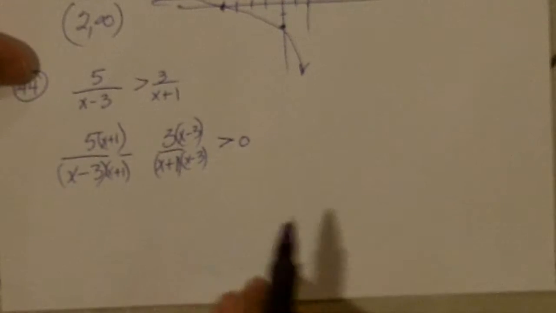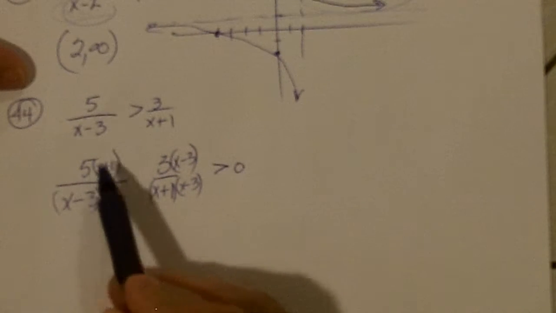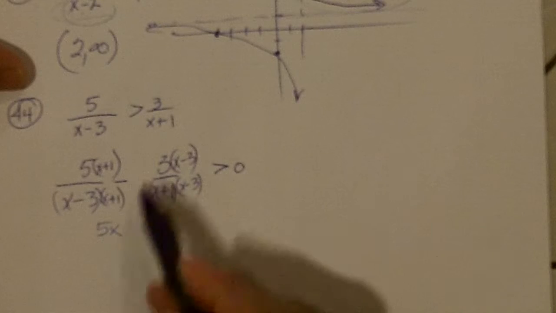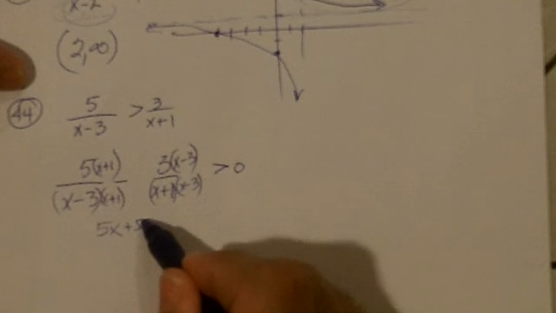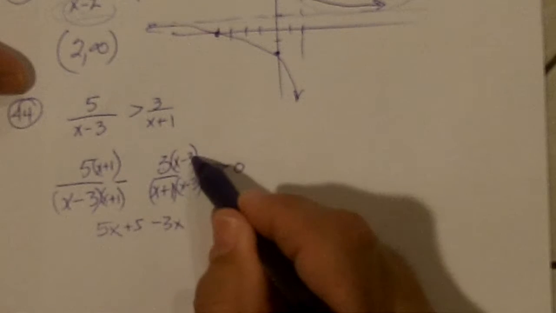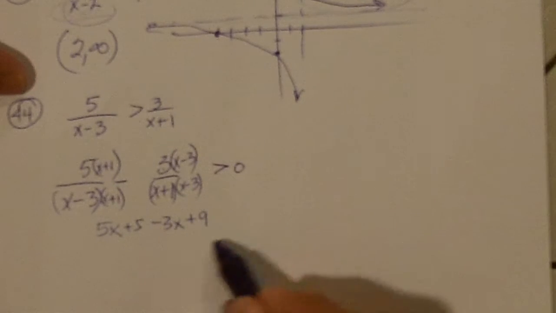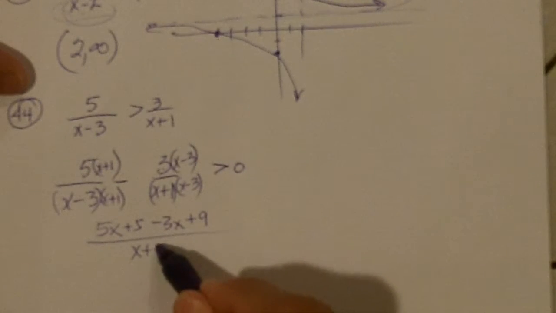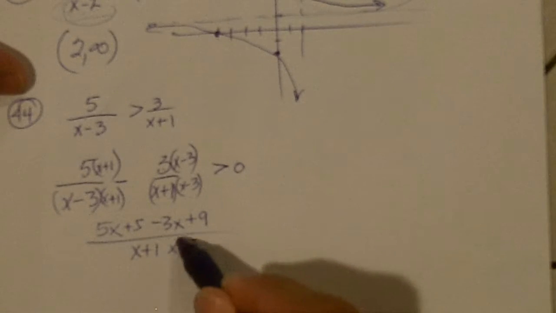And we end up with 5x plus 5 minus 3x, and minus 3 times minus 3 is plus 9, over x plus 1 and x minus 3.